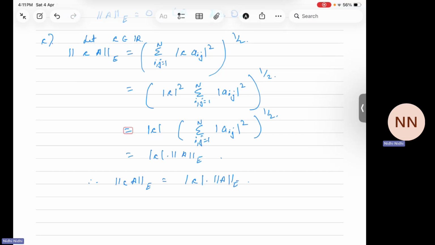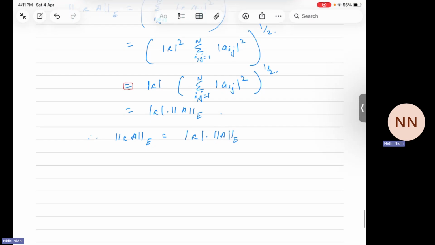Last one is the triangle inequality. For that, we will need a very good result, which we call Hölder's inequality.